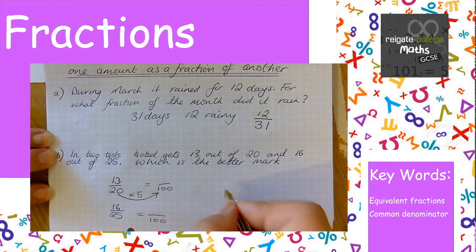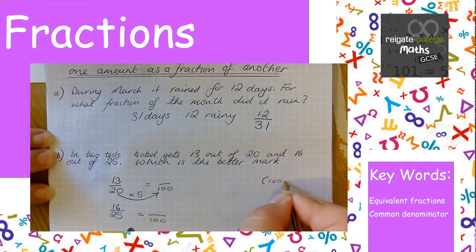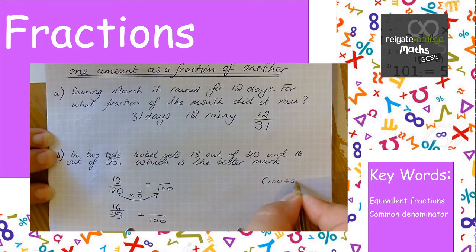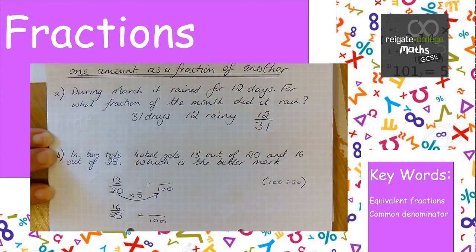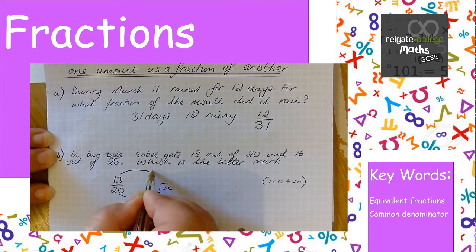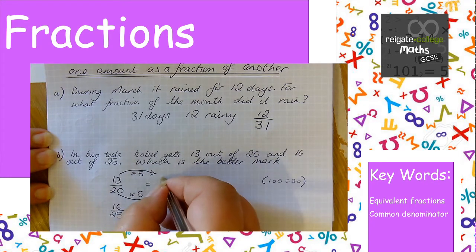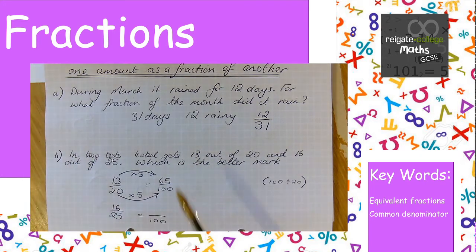If you're not sure, the sum you need to do is 100 divided by 20. If my multiplier on the bottom is 5, that's what I need to do on the top. 5 times 13 is 65. So proportionally, the fraction that Isabel got for her first test was 65 out of 100.